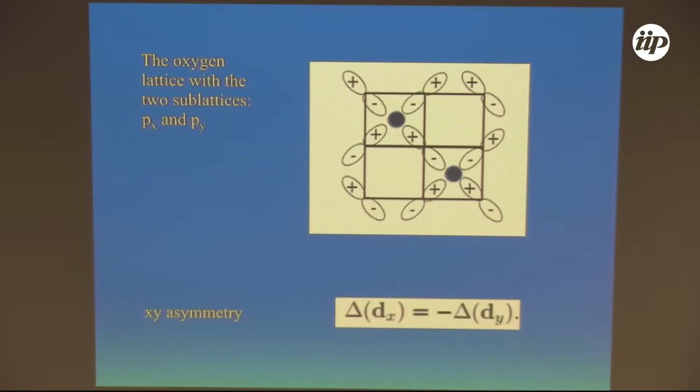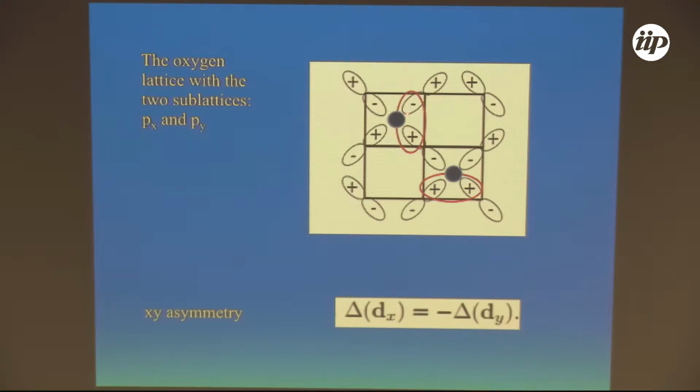So there's another issue here. If you look attentively at this oxygen sublattice, we see that we have signs in these px and py orbitals.